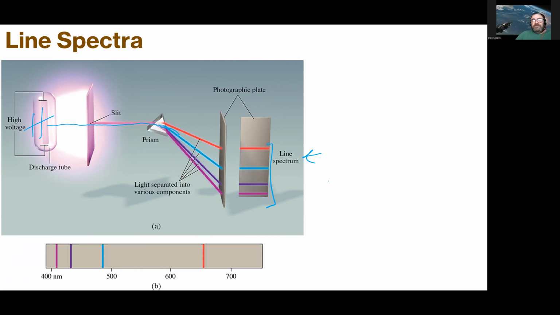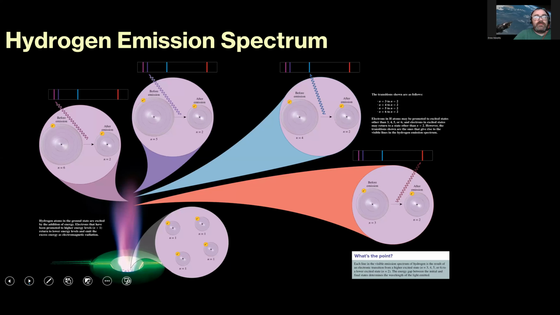Okay, so this is what we know now. We're going to go through this and then not come back to this picture, but we're going to get to how Bohr figured this out. Essentially, an electron is in a higher level and loses energy to fall down to a lower level.